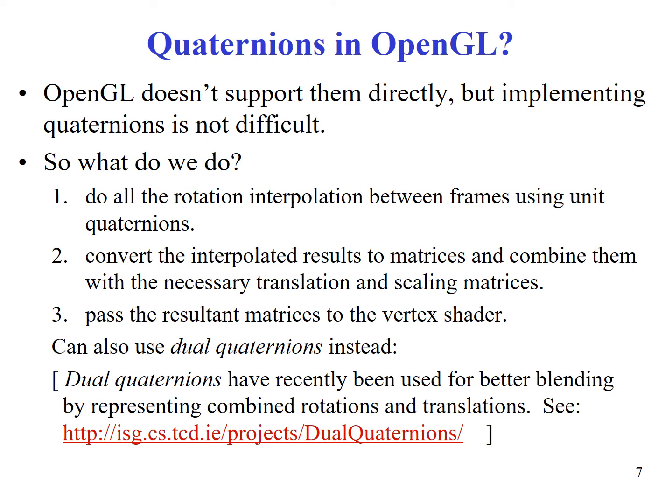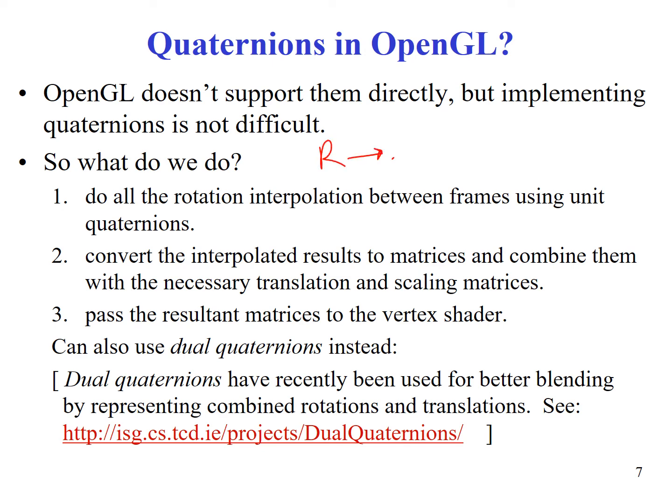In OpenGL, quaternions are not directly supported, so you'll have to implement them yourself. So what steps do we need to perform? First, we do all the rotation interpolation between the frames using unit quaternions. That is, first we convert all the rotation matrices to quaternions.